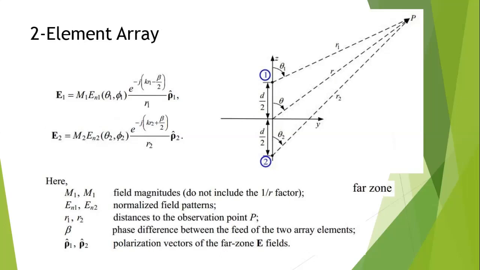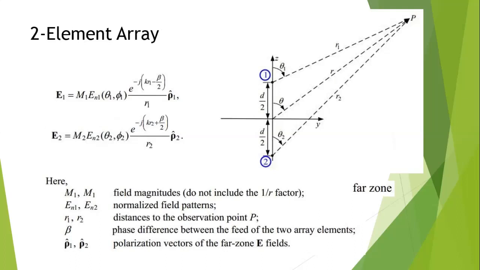Here M1, M2 are field magnitudes that do not include the 1 by r factor. En1, En2 are normalized field patterns, r1, r2 are distances to the observation point P, beta is the phase difference between the feed of the two array elements, and p1, p2 are polarization vectors of the far zone E fields.